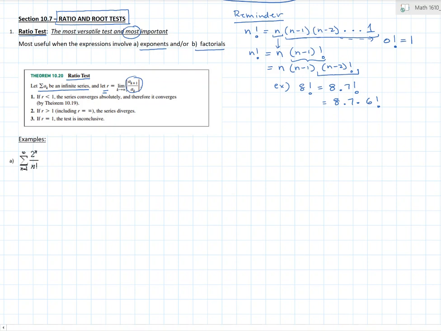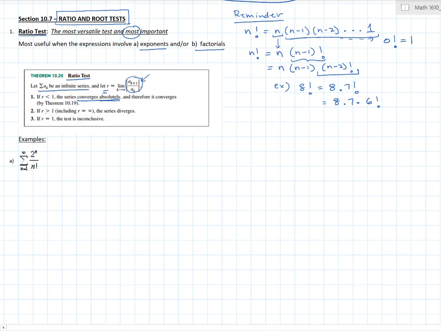After we find R, we check the value of R. If R is less than 1, the series converges absolutely. It's called absolutely because if you notice, you are using absolute values here.